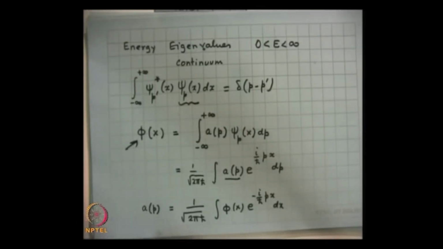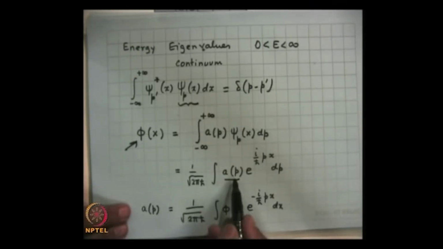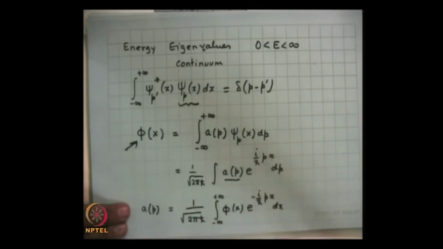Now, I can substitute for a of p in this equation, but I have to be careful once again. This is a definite integral over x, and this x should not be confused with this x. So, I must put a prime here.